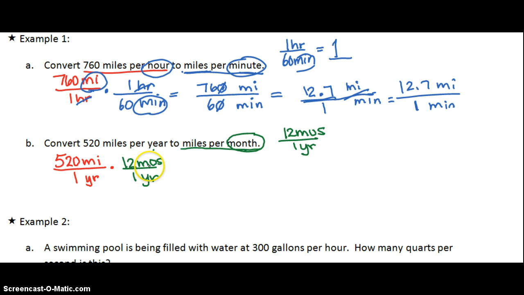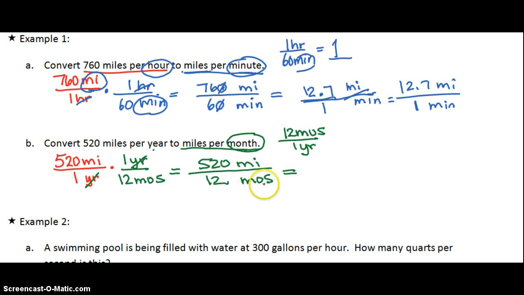So it's going to be to my advantage, since I can write that ratio whether you're comparing months to years or years to months, it doesn't matter. The order I write, I'm going to put 1 year on top, 12 months on the bottom, because I need my year to cancel. Now I'm going to have 520 divided by 12, and that leaves me miles per month.